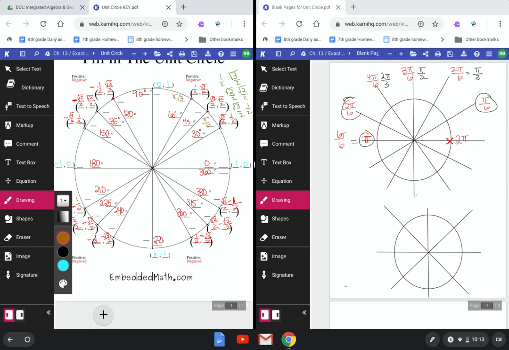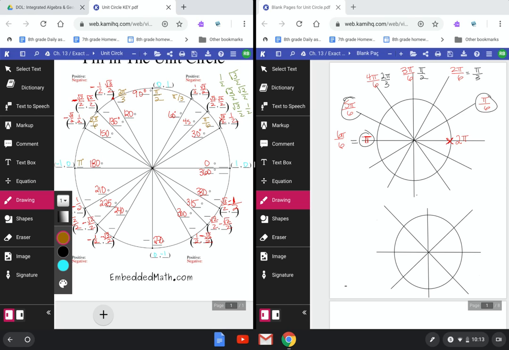And then here we have pi over 2. And right here we have 2 pi over 3. Skip that one because that's part of the 45-degree triangle. And here we have 5 pi over 6. And this is just pi.